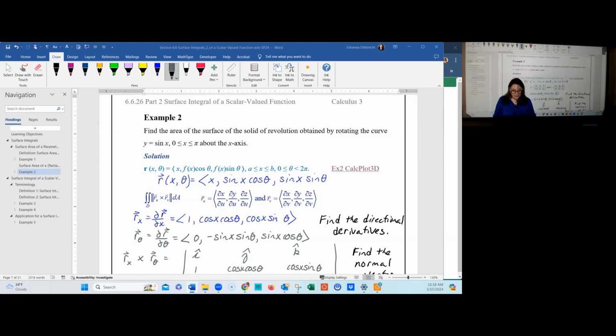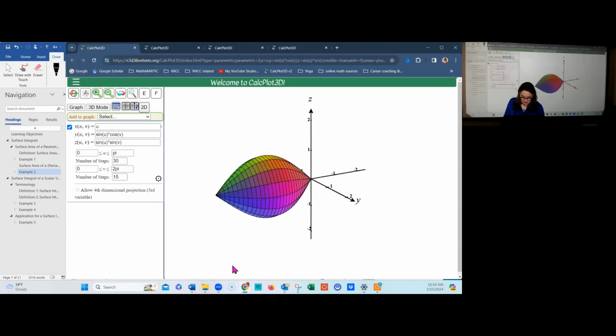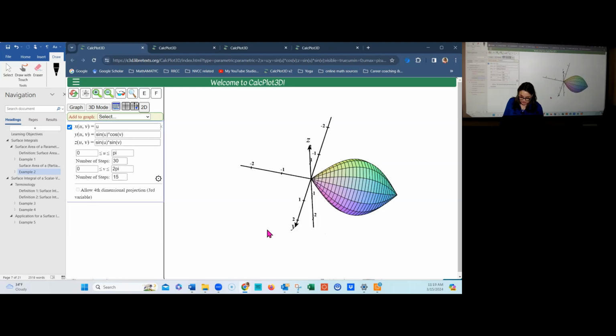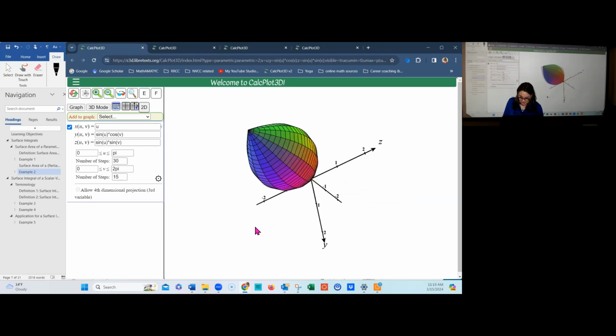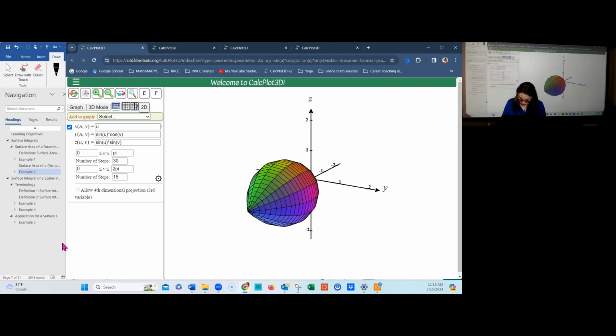If we want to, we can take a look at what this revolved region looks like out on CalcPlot3D, if I can find my right thing. So here it is right here. You can see that x is going from 0 to pi. Let me see if I can get it back to a normal orientation. So x is from 0 to pi, and it's revolved all the way around.